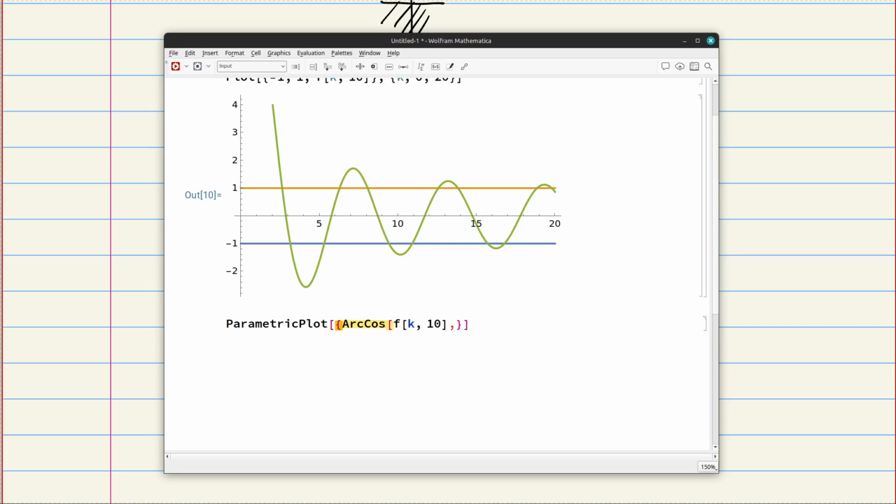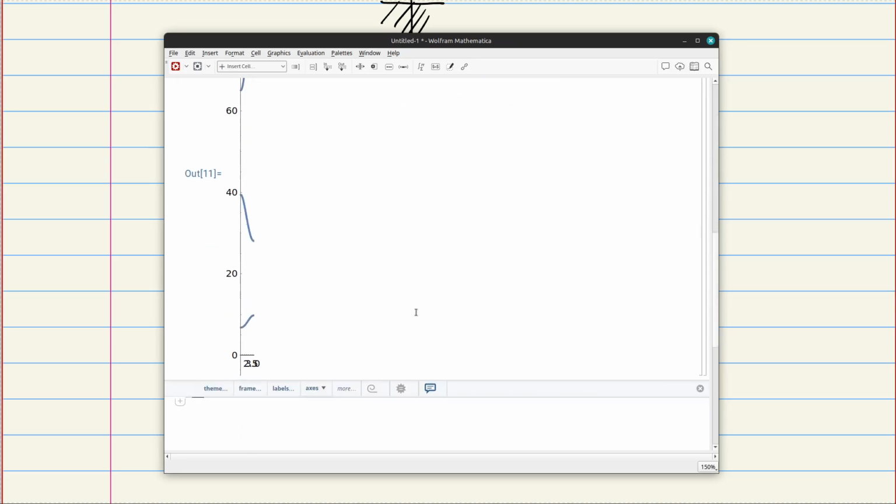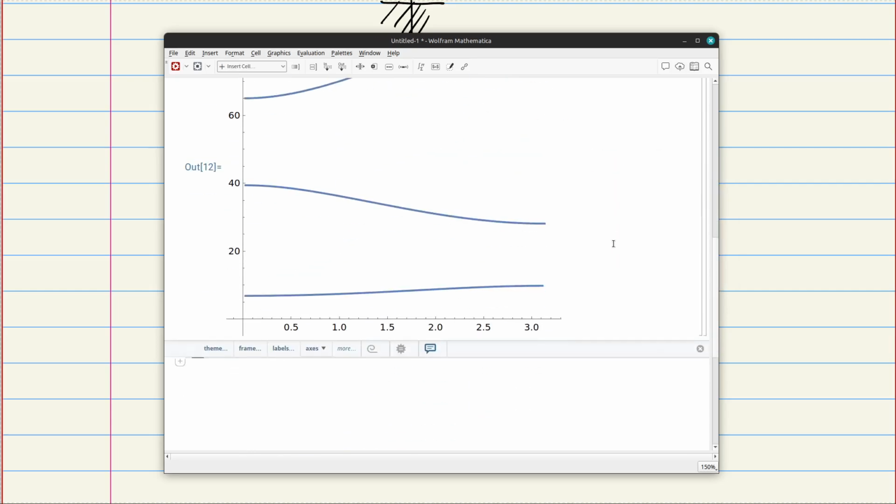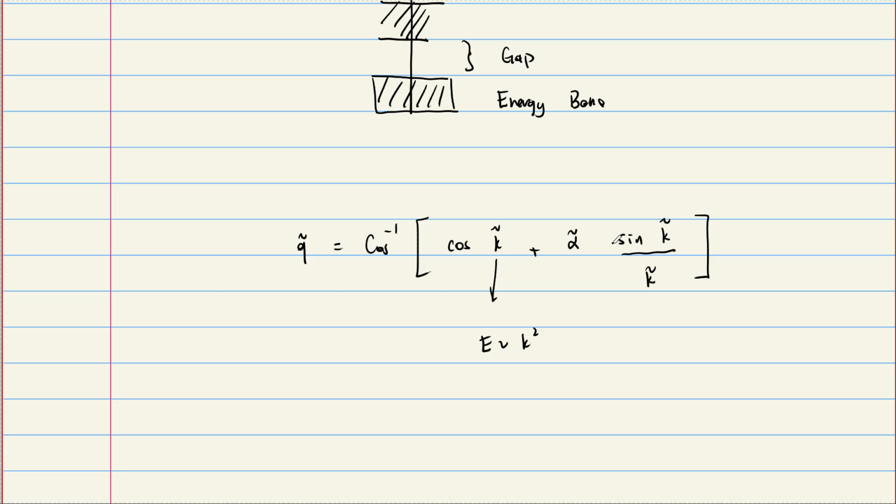So this is k squared. I need to close this. And now I'll put some k, 0 to 10. Good. And here I also need to do aspect ratio 1.